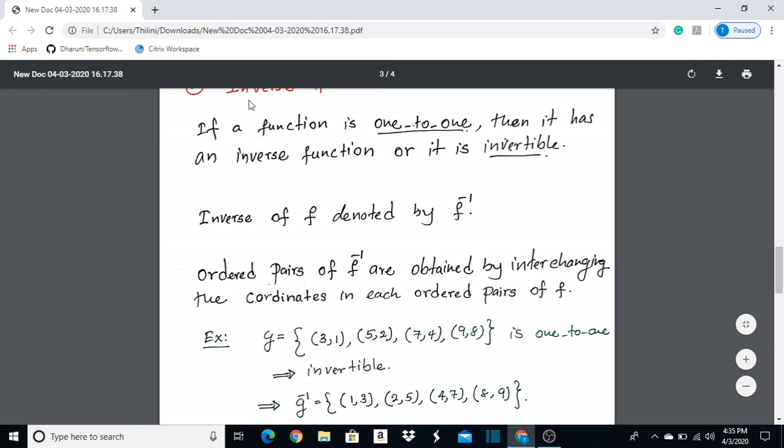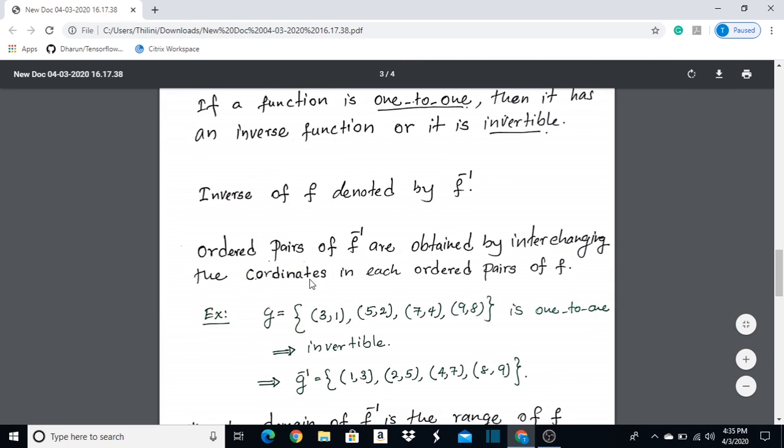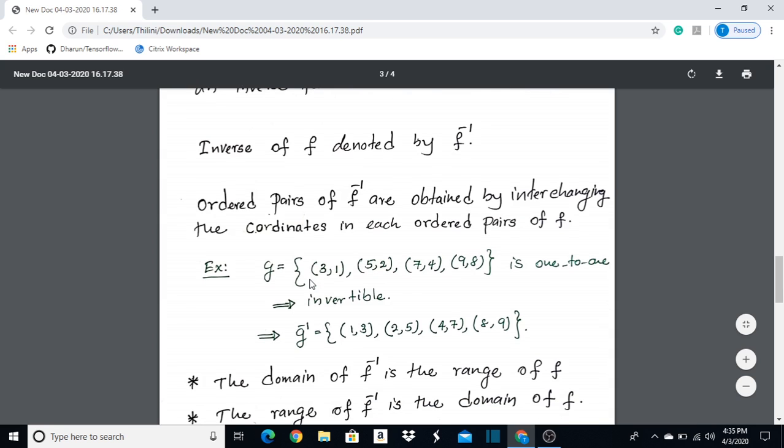So here we're going to talk about the inverse function now. Let's see how we can come up with the relations corresponding to an inverse function.